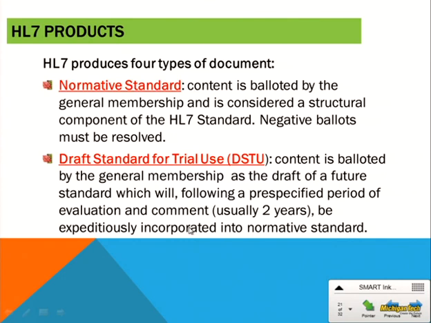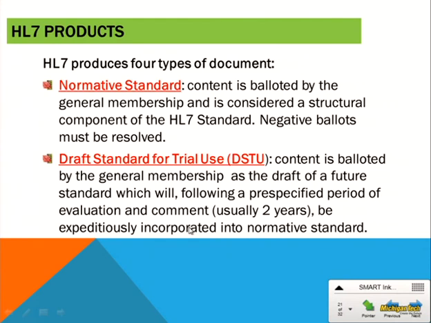For example, if the United States does not agree with this standard, then we need to have some solution to make it agree, or you can change something. Next is the draft standard for trial use, they call it DSTU. This is just the draft standard.